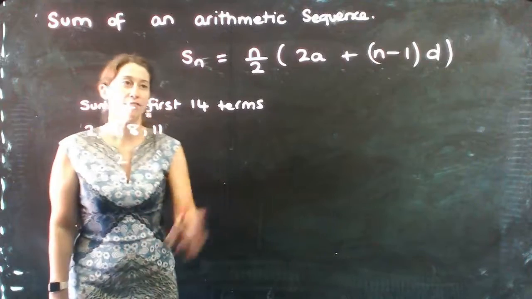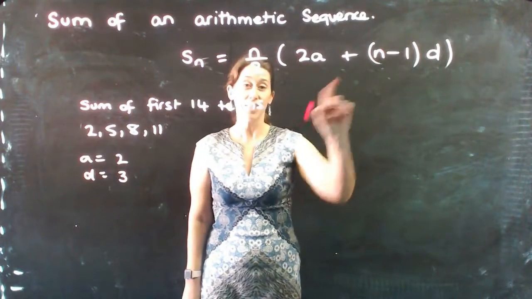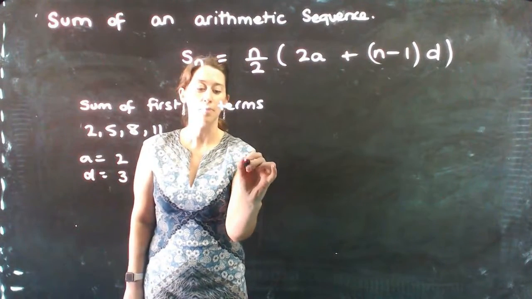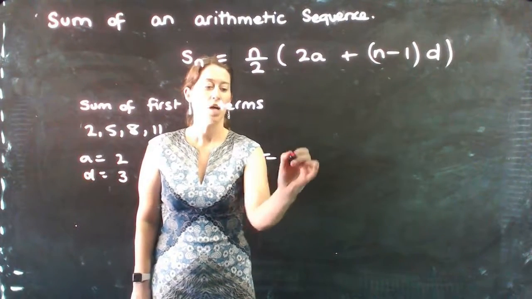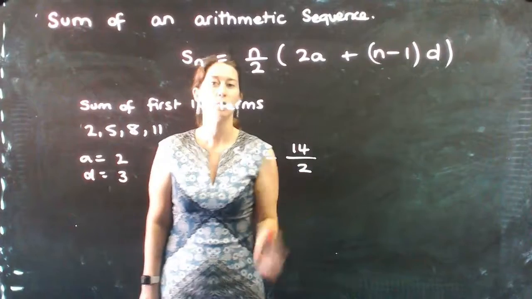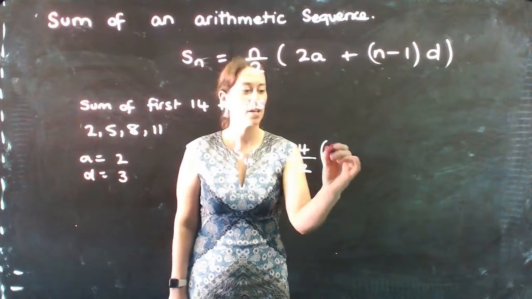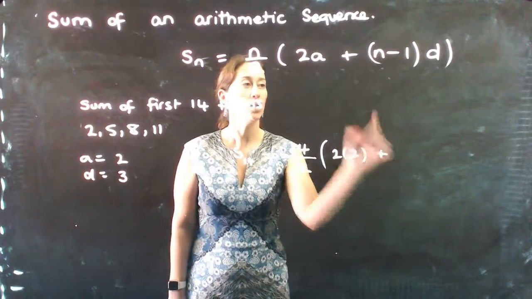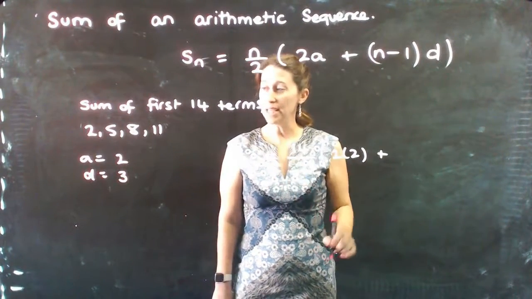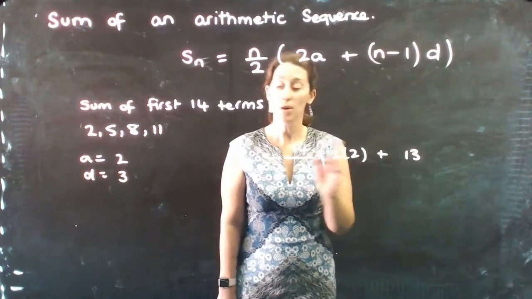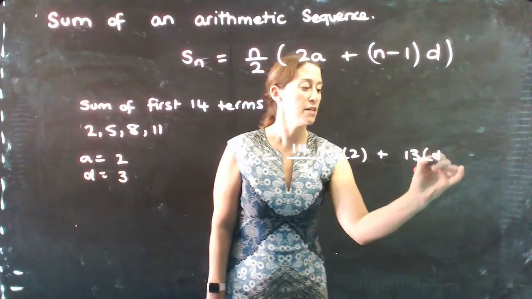Because I don't have the last term, I'm going to have to use this formula here. So I'm just going to substitute the values in. I want the sum of the first 14 terms, so n is 14. So 14 divided by 2, multiplied by 2 times the first term, which is 2, plus n minus 1, n being 14, so 14 minus 1 is 13, times the common difference, which is 3.